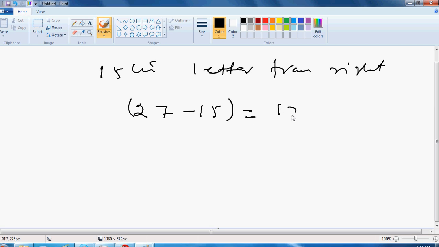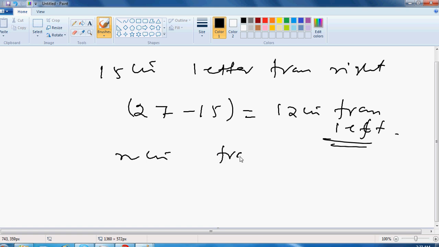This is the 12th letter from the left. That's it. So the nth letter from right is 27 minus the nth letter from left.